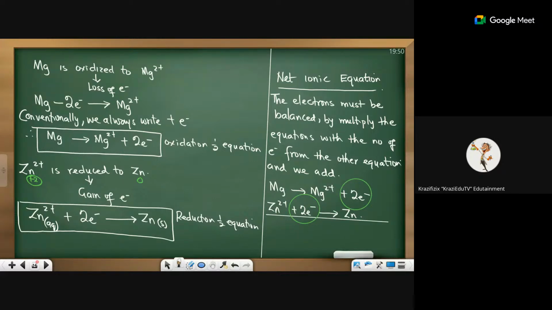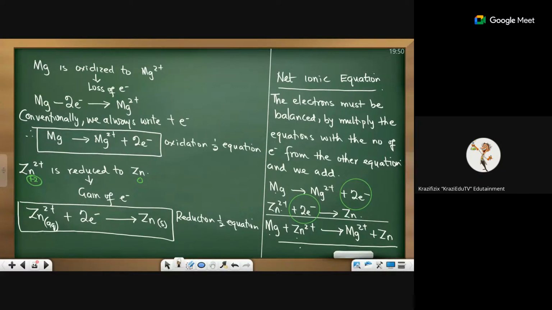Write what's on the left to the left. Plus zinc. Plus is on the left. It comes there. Right hand side. What do we have on the right hand side on top? Plus. What do we have on the right hand side at the bottom? That's the whole of grade 11.